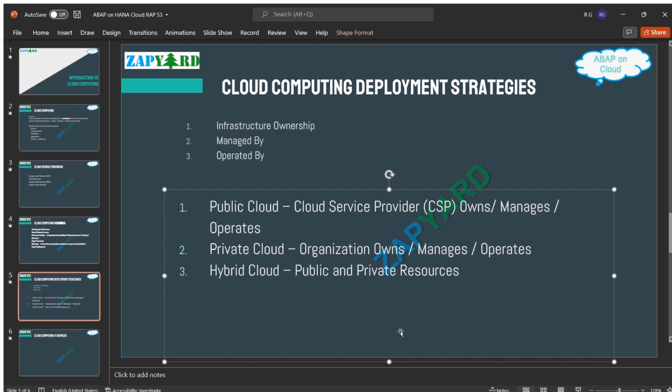So I will repeat. When we say the hybrid cloud, it includes private and public resources. Some of the resources within this cloud platform are managed by the public, some are managed by the private. When the public and private resources are under a single managed environment, then it is known as the hybrid cloud.